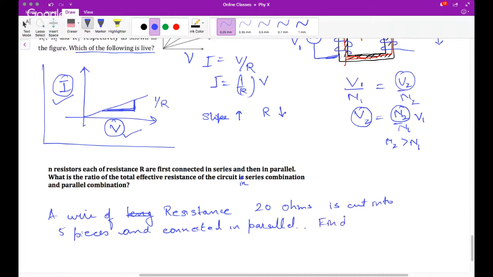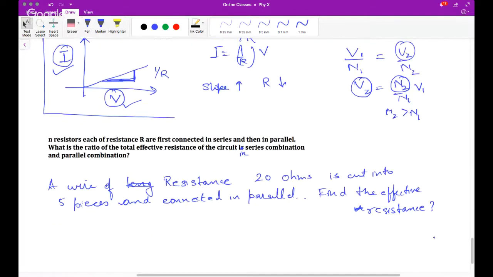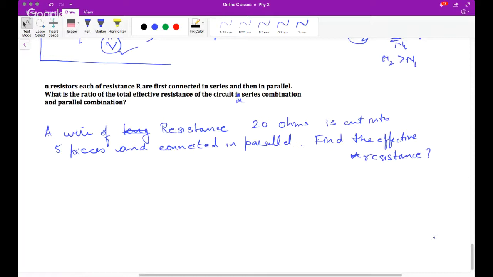Find the effective resistance. A wire of resistance 20 ohms is cut into 5 pieces and connected in parallel. Find the effective resistance.